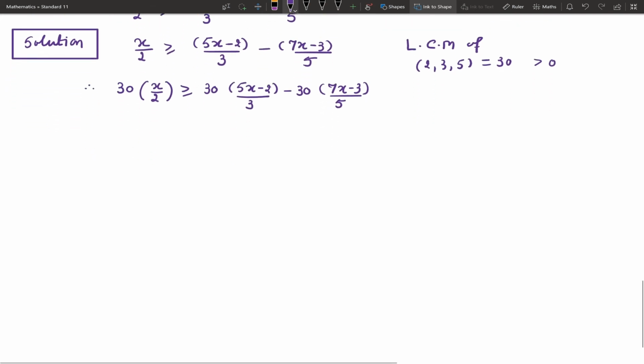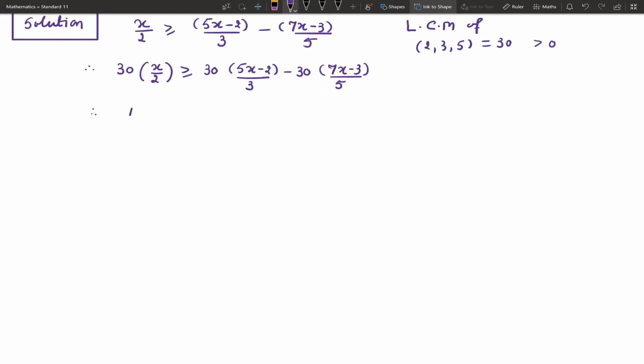So when we simplify, this is 15x, 30 by 2, 15x greater than or equal to 3 tens are 30, so 10 into (5x minus 2) minus, this is 6 into 5, 30, so 6 into (7x minus 3).